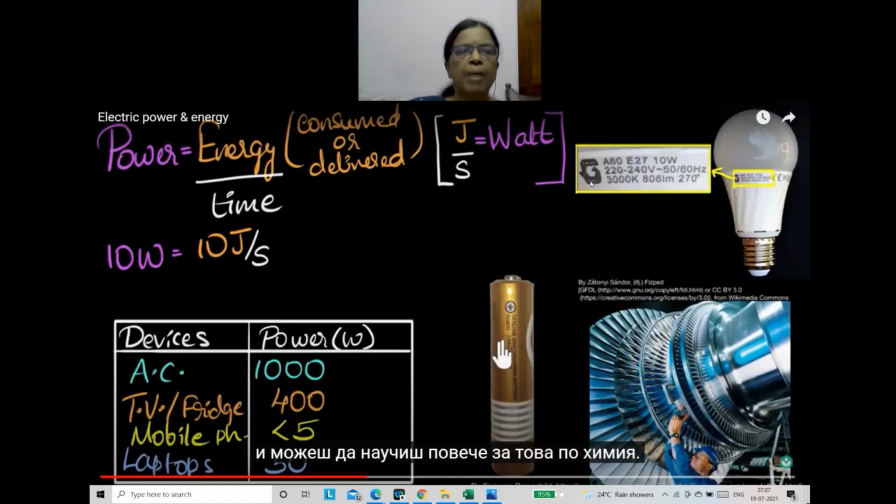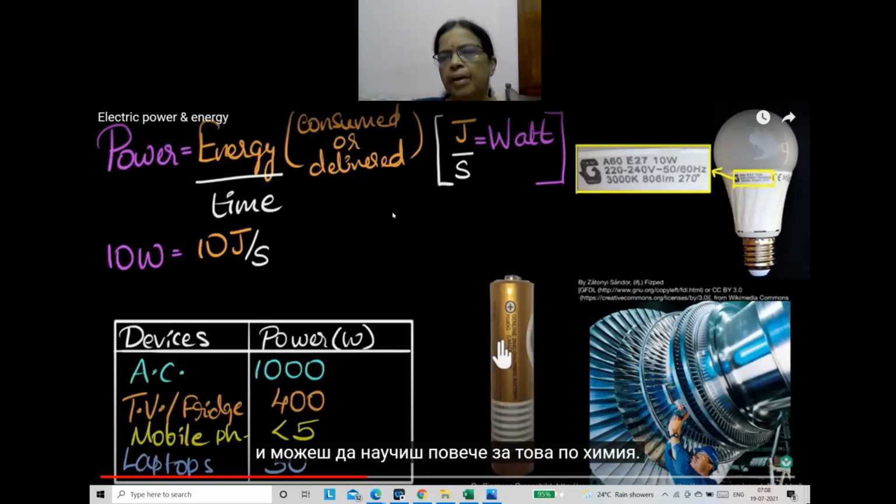We know power, we have studied this, power is equal to energy by time, and here it is electrical energy consumed. For example, a bulb consumes electrical energy. A bulb converts electrical energy into, children?